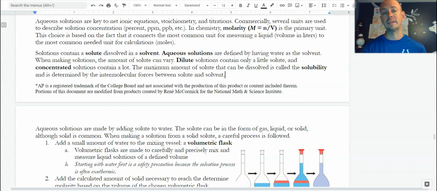At a certain point, when we add more and more either solid or even a gas in there, no more can be dissolved. It has reached its maximum amount that can be dissolved. It's saturated, and that maximum amount is called the solubility. It has to do with how strong the attractions are between the particles, because we have to overcome attractions, we have to make attractions, and that's what keeps things dissolved.